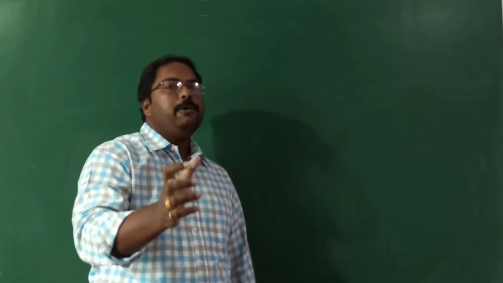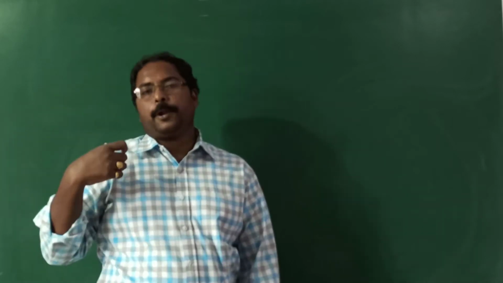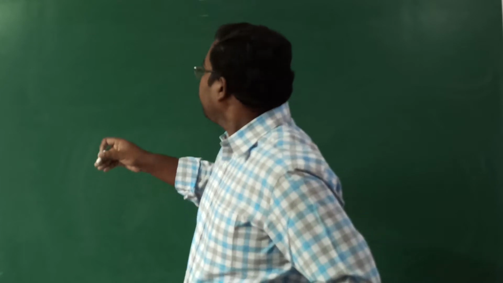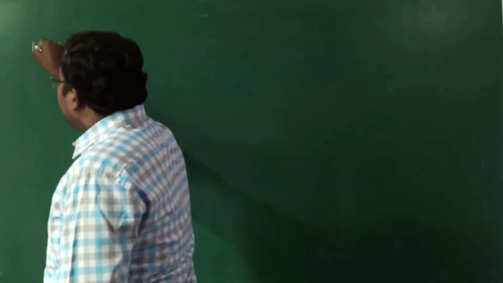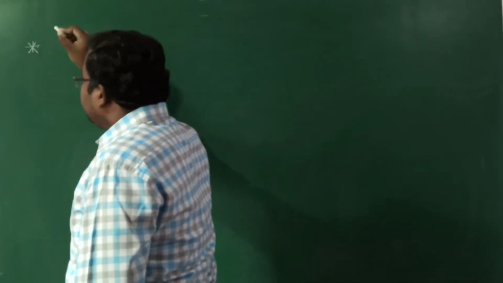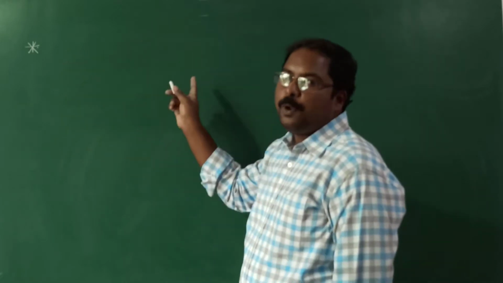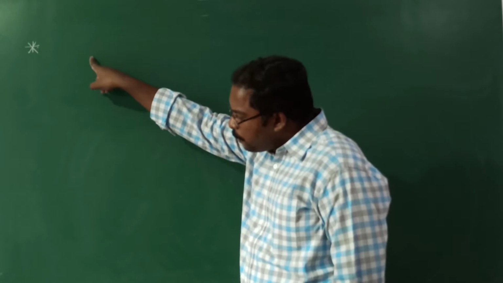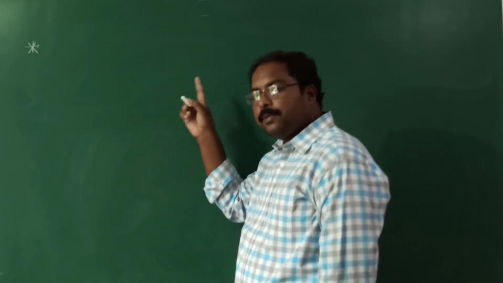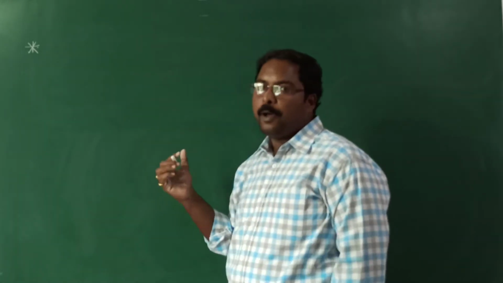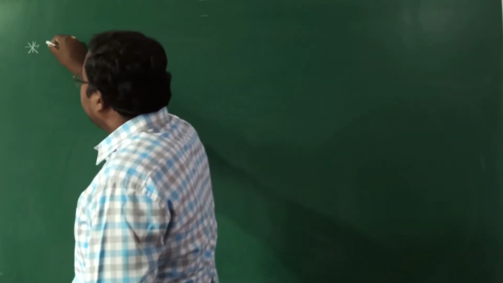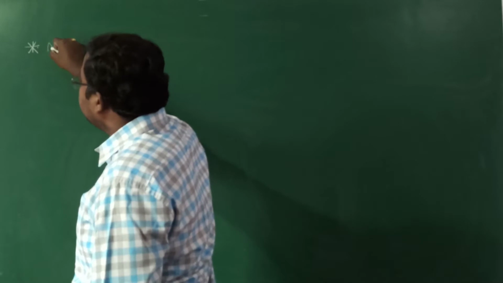Okay, I hope now you got an idea about the general properties of these representative elements. We discussed the individual properties of S block elements as well as individual properties of P block elements.